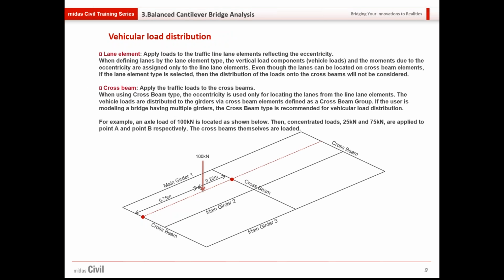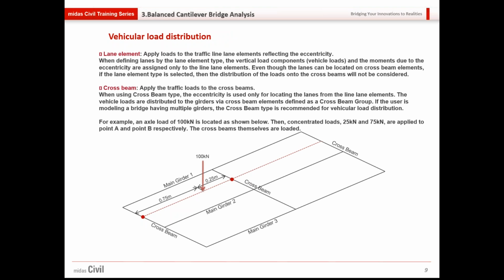So if you are making, say, a grillage model instead of a single line model, then you have to select the option of cross beam distribution. Okay, in lane element, what happens is the vehicle load, the moving load, would be assigned as vertical load as well as the bending moment, that is the moment based on the eccentricity.